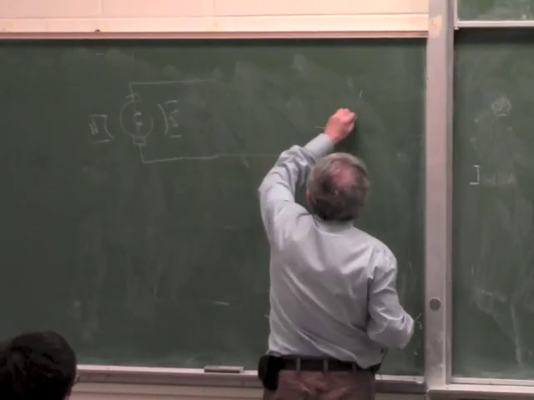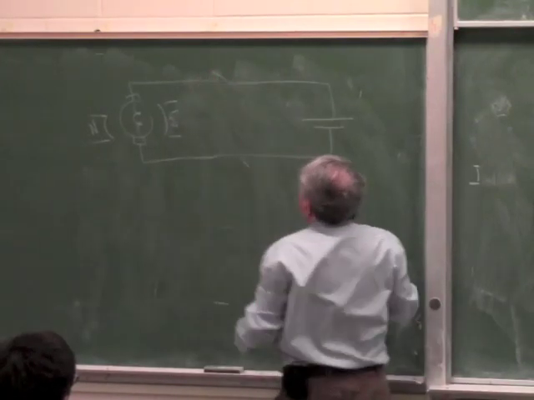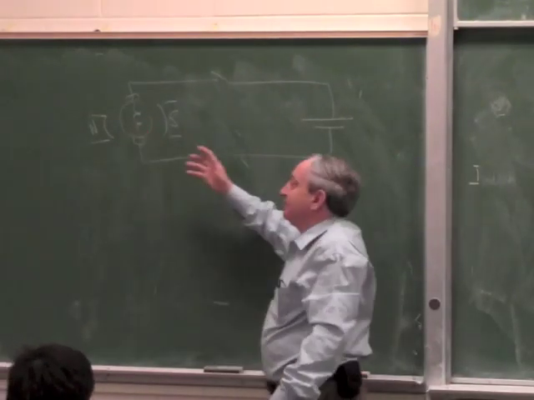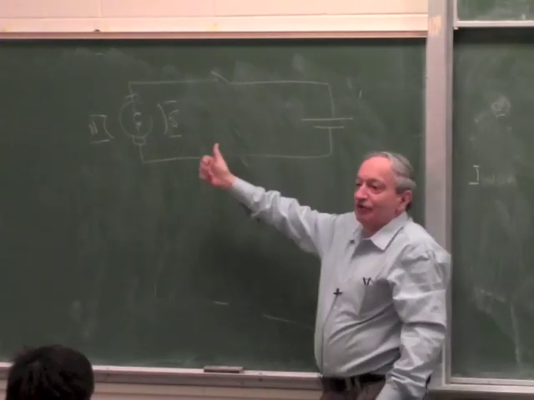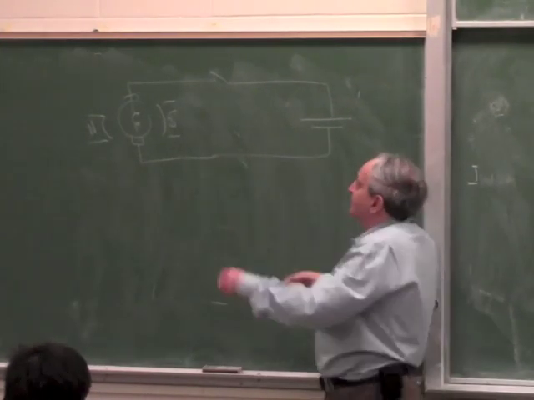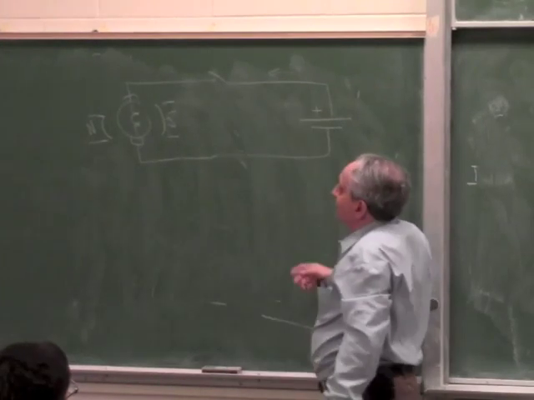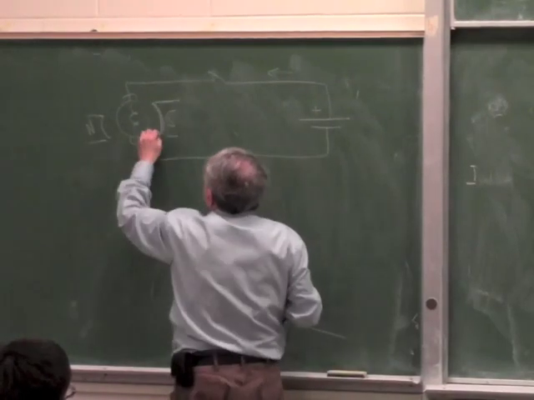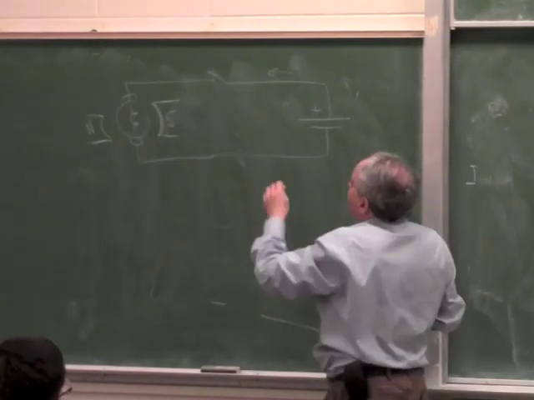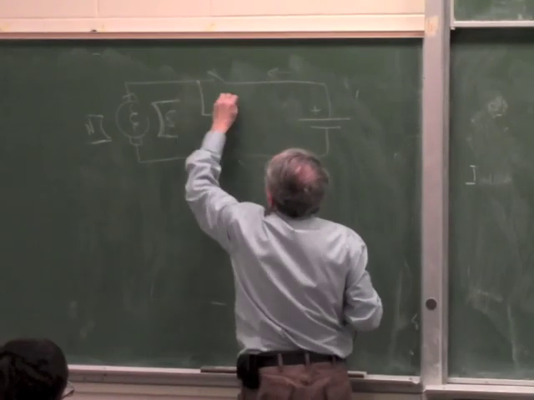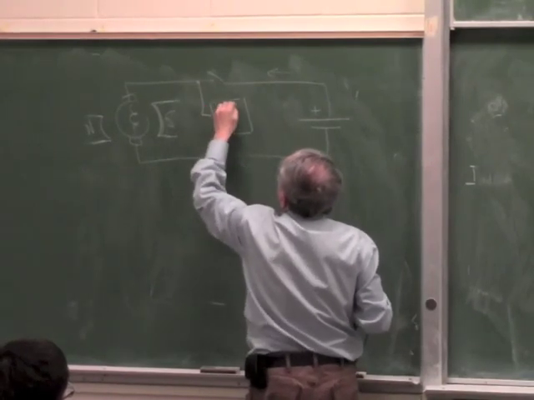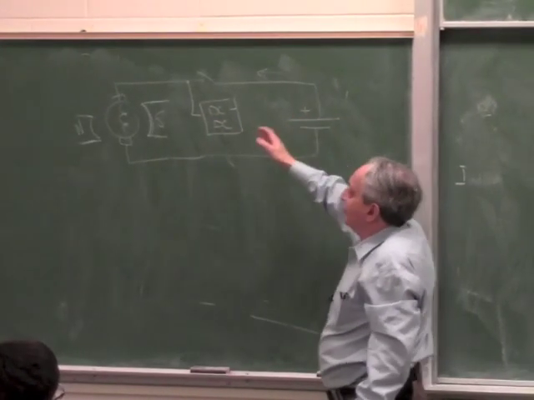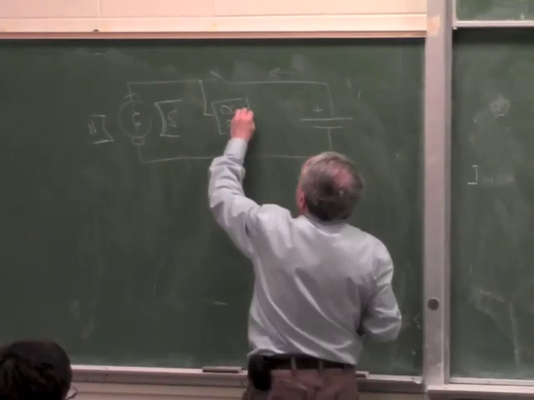run from a battery, and the battery has a certain voltage, to do regenerative braking, you have to generate a voltage here which is higher than the battery voltage, so the current will flow backwards. Right? When the motor is running, the current is flowing this way, but when you do regenerative braking, even if this is a perfect generator on its own, you have to make the current flow backwards, which means you have to install here a DC to DC converter, so it can make any voltage you want from any input voltage, and then you connect it to here.